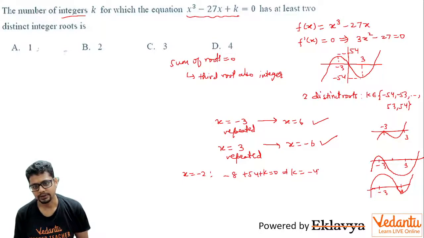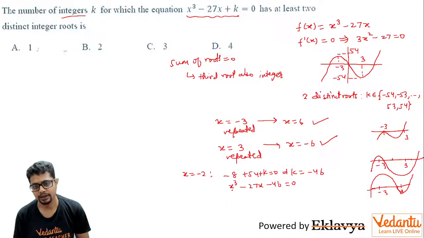Minus 46. Is it? Just give me a moment. If you put minus 2, you get minus 8. So you have k to be minus 46. So you have x cube minus 27x minus 46 equal to 0.